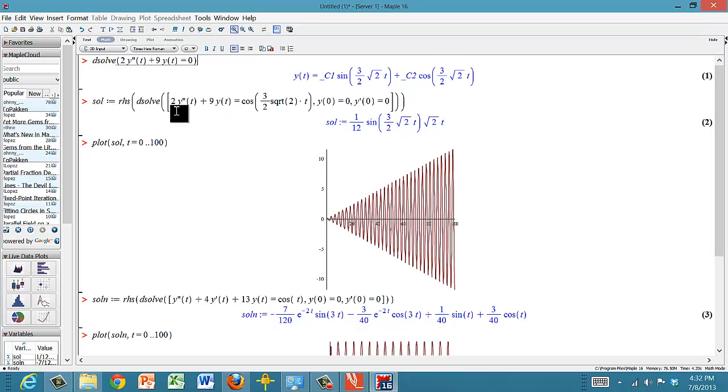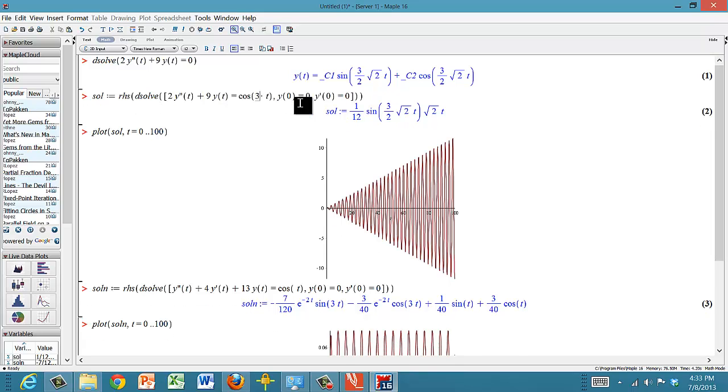What happens if I force this system at that frequency? So inside here my forcing function is 3 over 2 square root 2 times t. If I plot my solution, I get this really weird growth in the displacement of my mass.